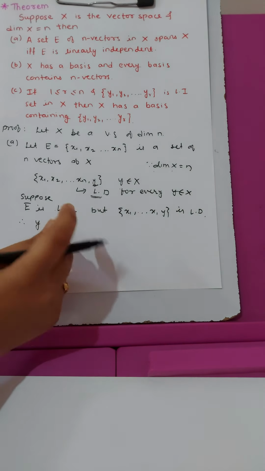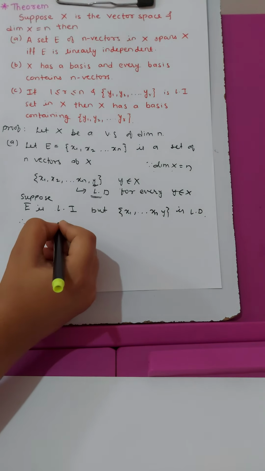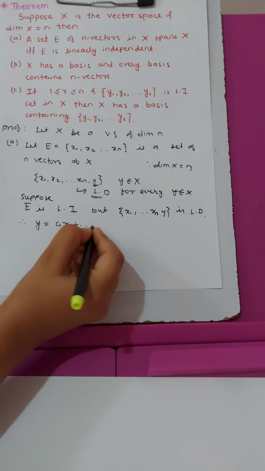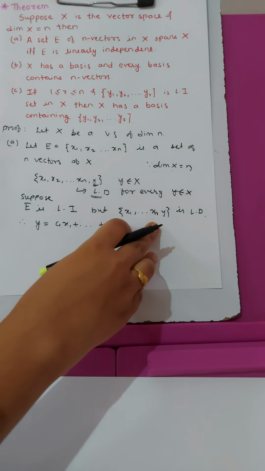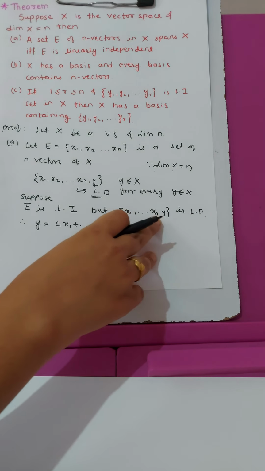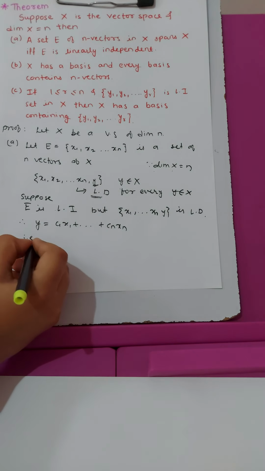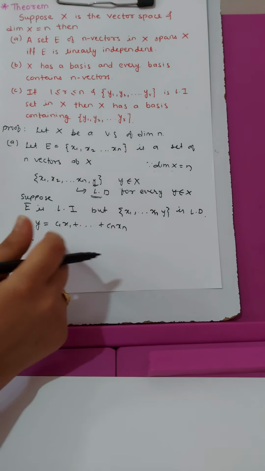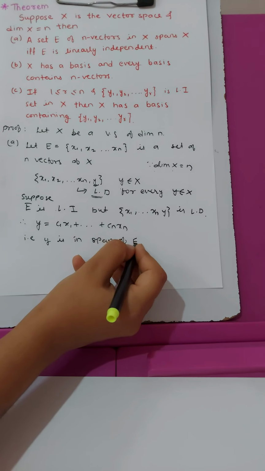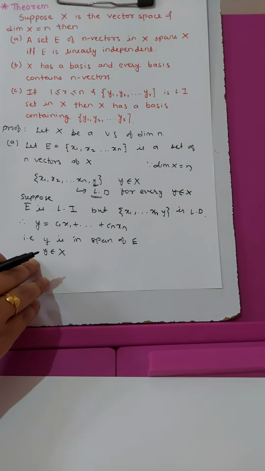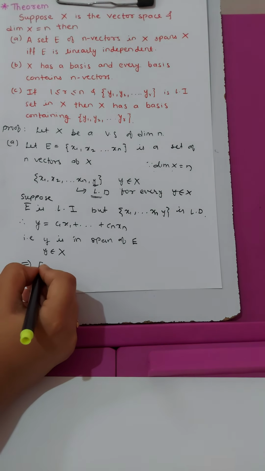Therefore y can be expressed as a linear combination of these previous elements, that is we can write y as c1 x1 up to cn xn, because this set is linearly dependent, and so we can write this y as a linear combination of these previous elements. Therefore this implies that y is in span of E, but y belongs to X and y is arbitrary, that is any element of X. Therefore this implies that the set E spans X.